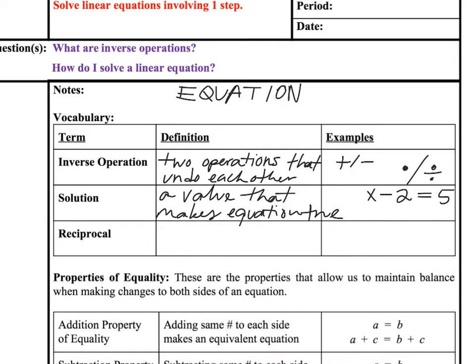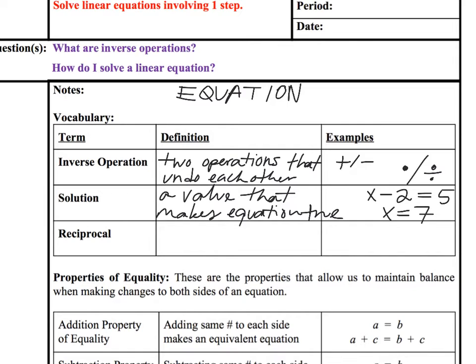Class, what's x? What minus 2 is 5? 7. So x would be equal to 7. So my solution would be 7 because 7 minus 2 is 5, so it makes 5 equals 5, which is equal.